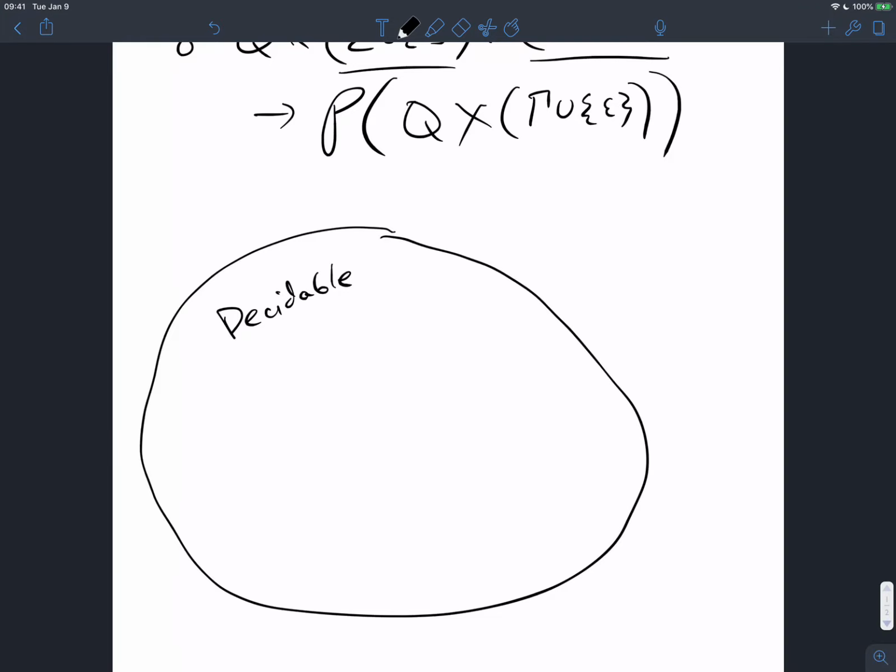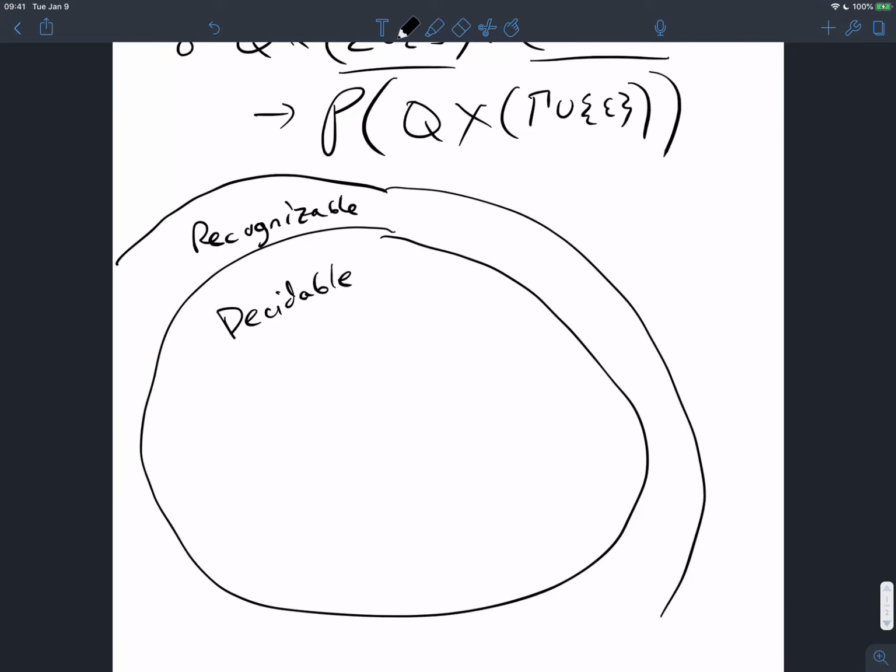Along with decidable languages, what other types of languages did we talk about? Recognizable. So why am I putting recognizable out here? There are more of those.